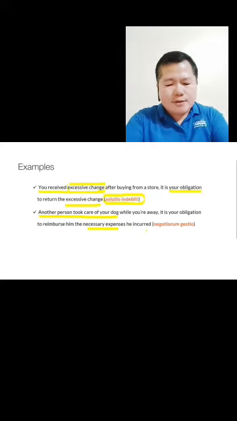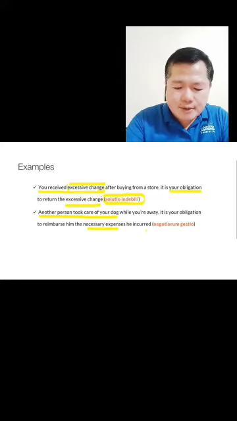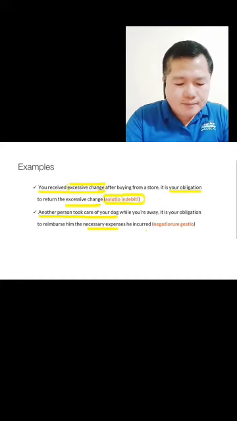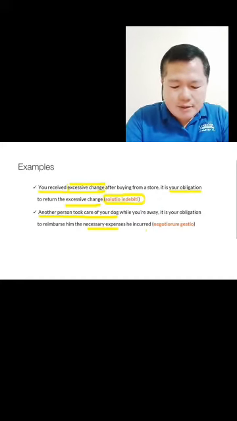So you're obliged to reimburse the expenses incurred by your neighbor in feeding the dog. Anyway, you benefited in the first place since your dog is still alive. But whose expense? Expense of your neighbor. So this specific example is negotiorum gestio.